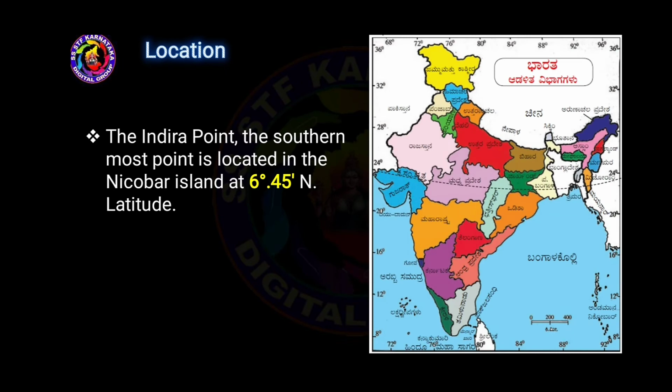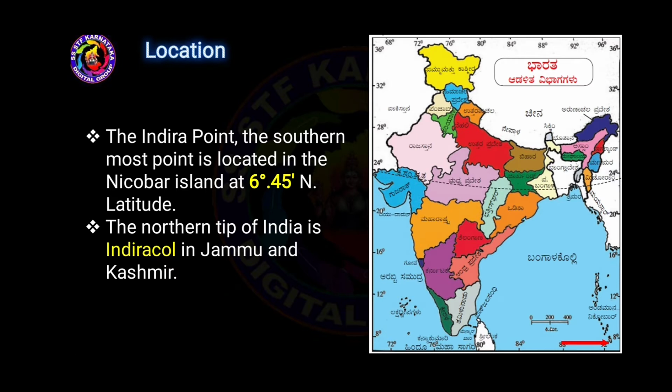Indira Point, the southernmost point, is located in the Nicobar Island at 6 degree 45 minutes north latitude. See, the arrow mark shows the Nicobar Island, which is part of the Andaman and Nicobar Islands. The northern tip of India is Indira Col in Jammu and Kashmir.